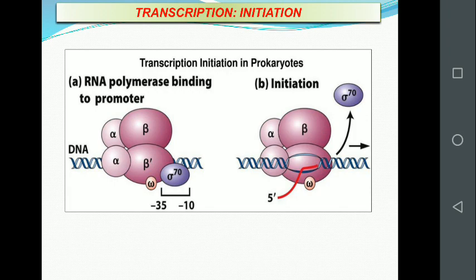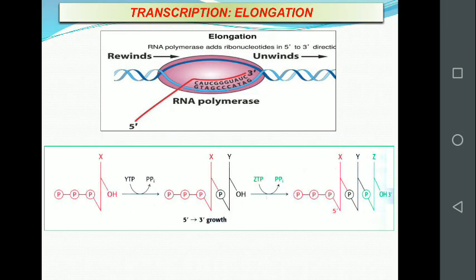Then the RNA polymerase easily slides through the coding sequence. During elongation, the RNA polymerase apoenzyme without the sigma factor easily moves along the coding sequence, gradually unwinds the DNA in front of it, and adds nucleotides to the growing nascent mRNA.